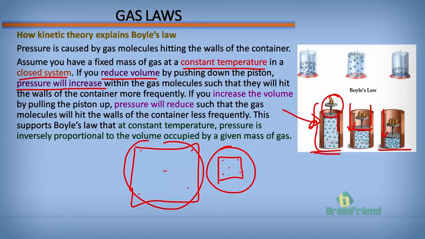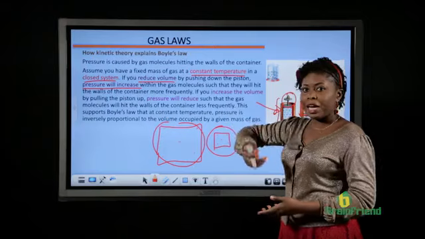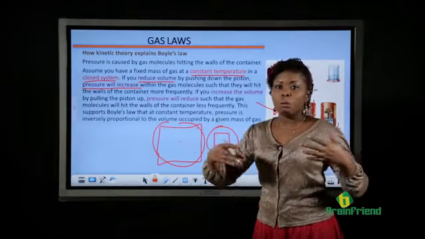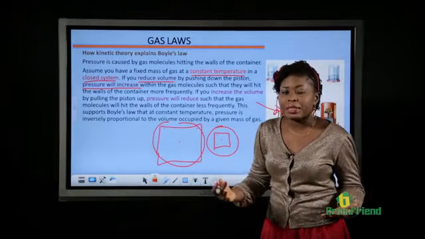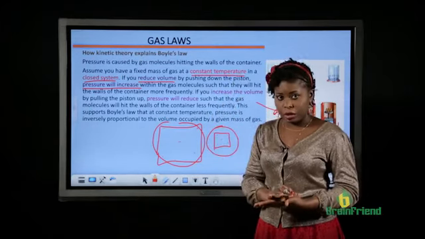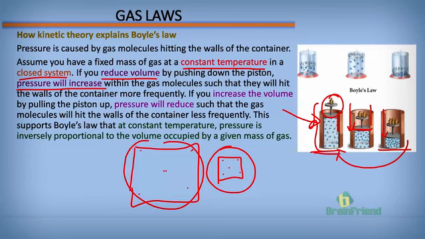In other words, if this third container were made to come just the way this first one is, we increase volume by pulling up the piston. What happens? The gas molecules will have more space to move about, so the pressure within the system will reduce. See that when we increase volume, pressure will reduce. So this experiment supports Boyle's law that at constant temperature, pressure is inversely proportional to the volume occupied by a given mass of gas.